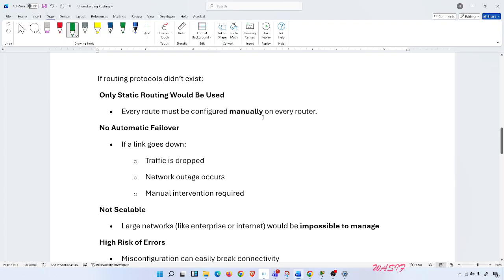If there was no routing protocol, then you would have to use only the static route. When you configure the static route, you will come to know about it. You have to configure everything manually.